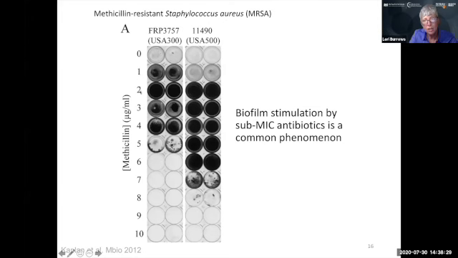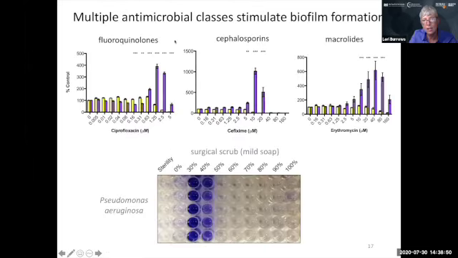As soon as you start to increase the concentration of methicillin, they immediately make tons of biofilm, just like I showed you for Listeria. Eventually, though, you will get to a high enough concentration that you kill the bacteria, and then, of course, you don't get any biofilm from dead bacteria. So this is a common phenomenon, and this is methicillin. I showed you ampicillin, but this is not just limited to that class of drugs, so the beta-lactam class of antibiotics.